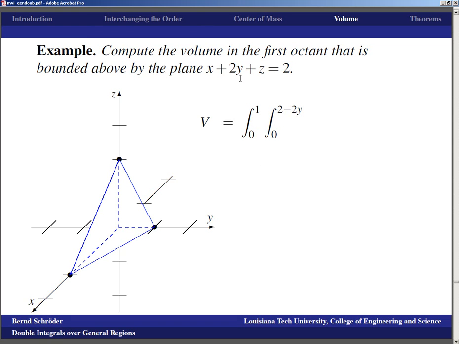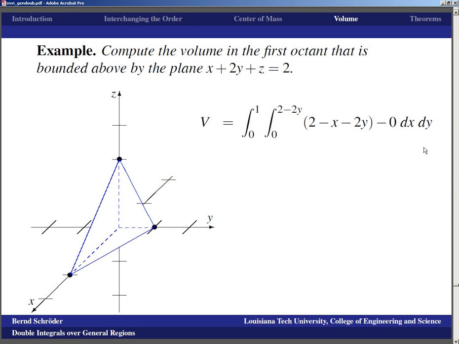All right, and then my upper function is, of course, the plane, so my upper function would be z equals 2 minus x minus 2y, and that's indeed what it is. And my lower function, of course, is 0, because the base here is at height 0. Inner integral dx, outer integral dy.